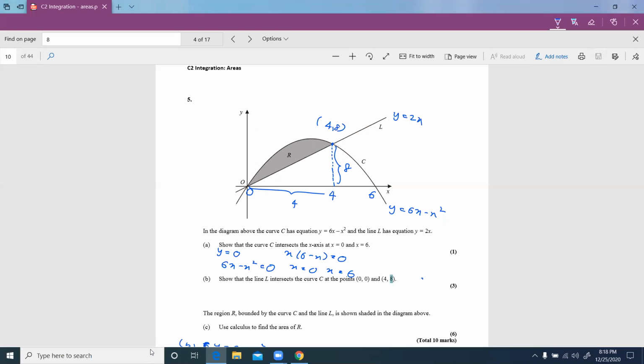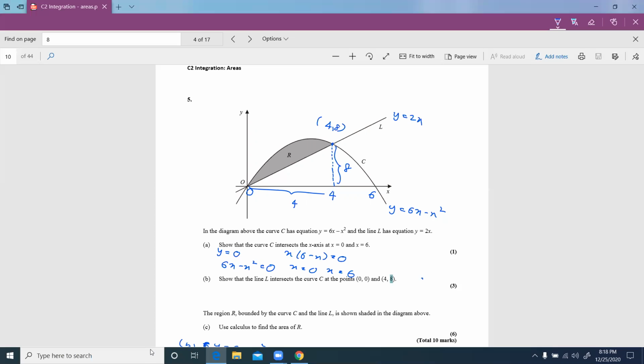Initially, if I integrate the curve from 0 to 6, you'll get this whole area. But that is not required to find the shaded region R. Shaded region R is enclosed between 0 and 4 only. This part only we need to find.